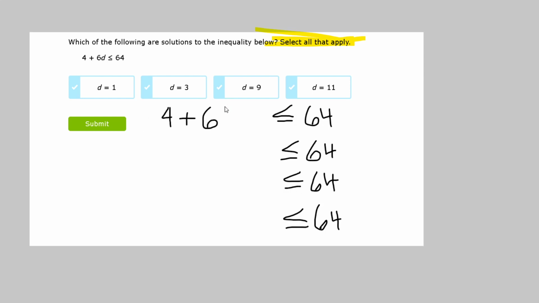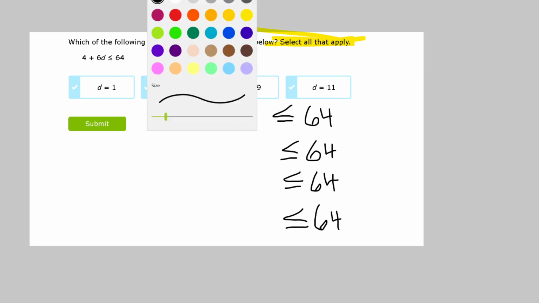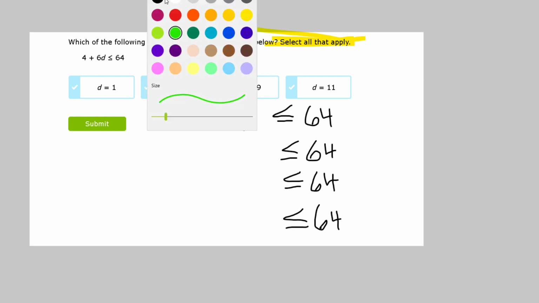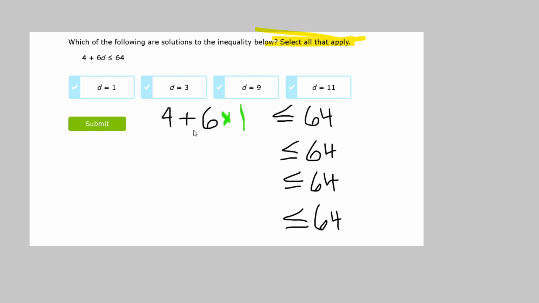So we have 4 plus 6. And what we're going to do is try out each choice here. We're going to try out when D is equal to 1. We're going to do this for each equation here. Okay, so 4 plus 6. And then we'll try it when D is equal to 3. 4 plus 6, and then when D is equal to 9.